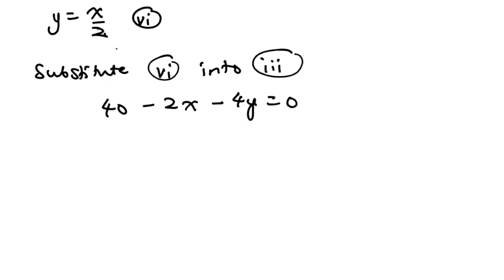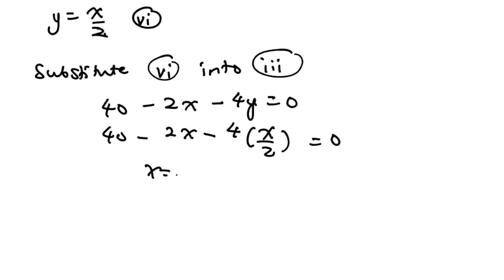So when we substitute this, it becomes 40 minus 2x minus 4 times x over 2 equals 0. Then you solve for x. What is x? What is y? When you solve it, but you have to show the work, yeah?